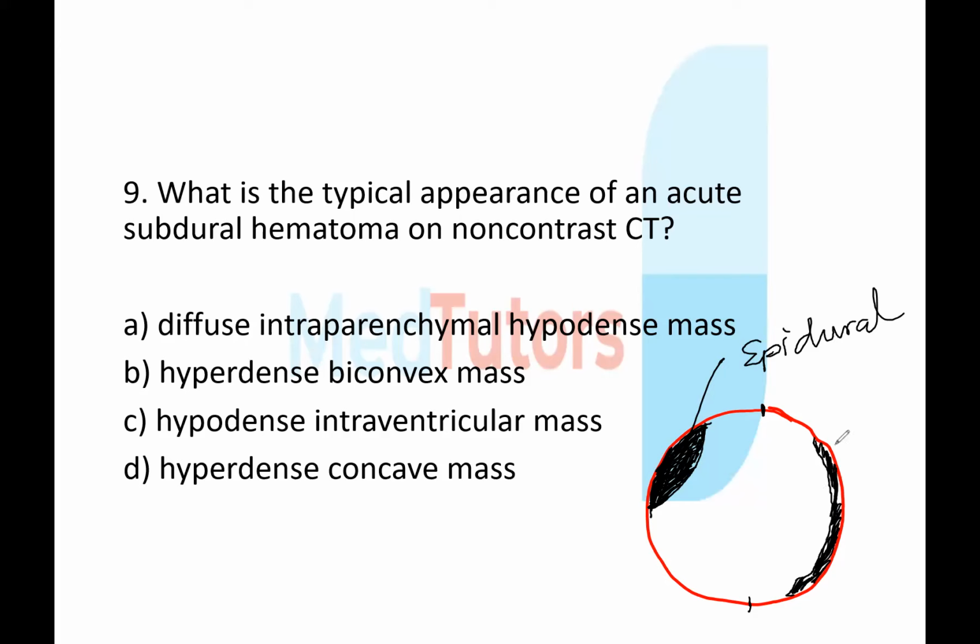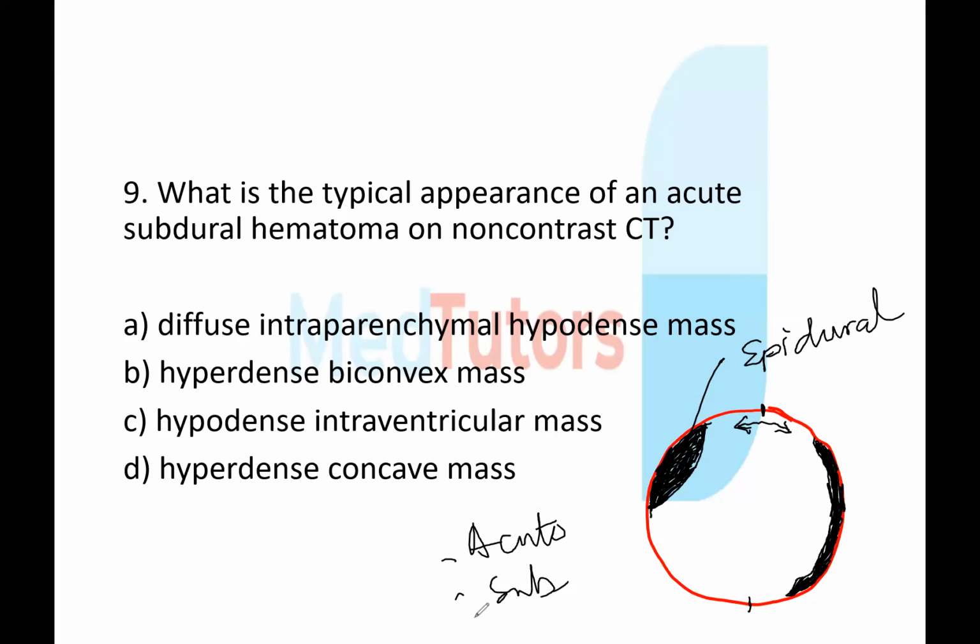And this is beneath the dura, so it can cross suture lines. So now, epidural hematoma is biconvex, while subdural hematoma is crescentic or concavo-convex.